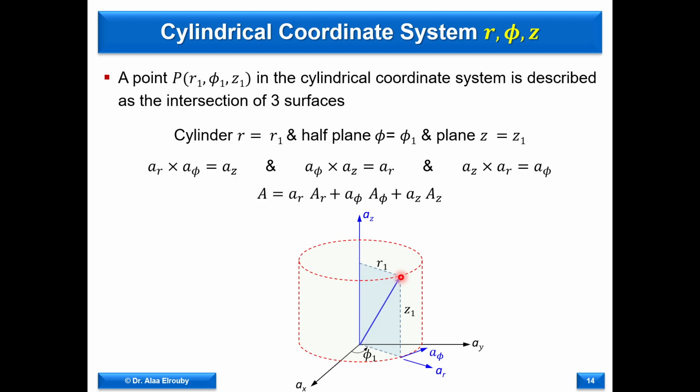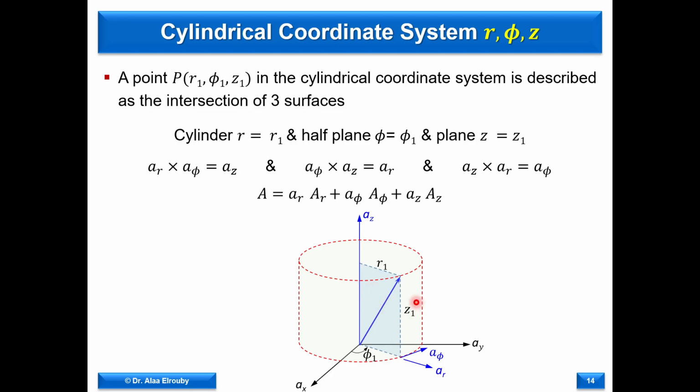Also, it is very useful to understand the intersection between any two surfaces. The intersection between the cylinder r equals r1 and the half plane phi equals phi 1 is the intersection between this surface and this shaded surface.